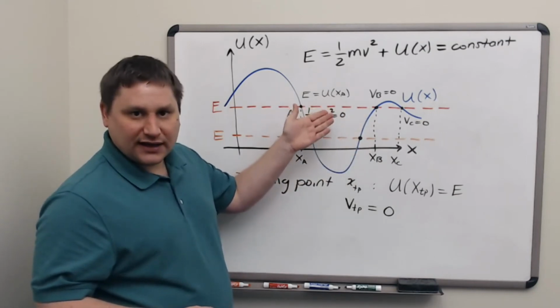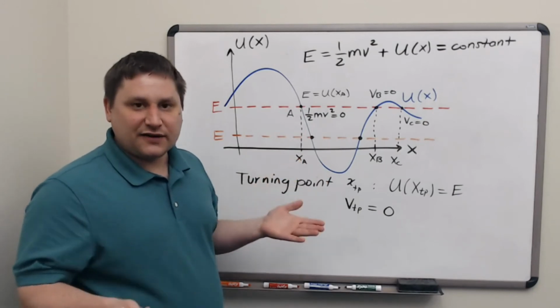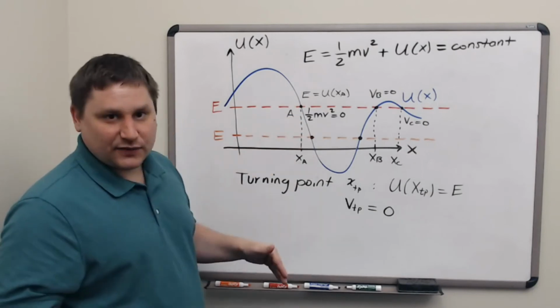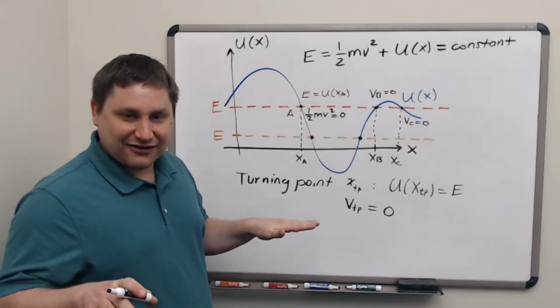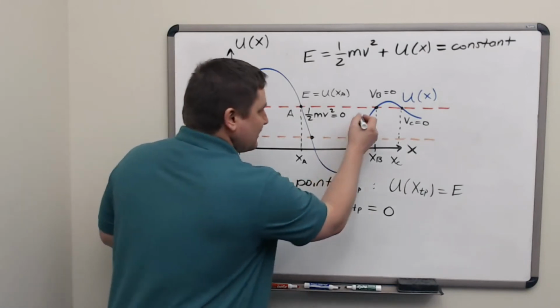If the position of the object is between x_A and x_B, then its potential energy is less than its total, and it has some left over for kinetic energy. We can visualize the kinetic energy on this graph as the difference between the horizontal energy dashed line and the blue potential energy curve, right here.